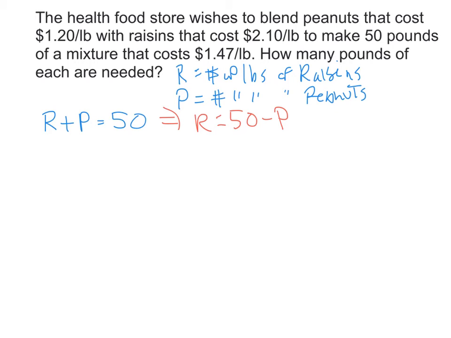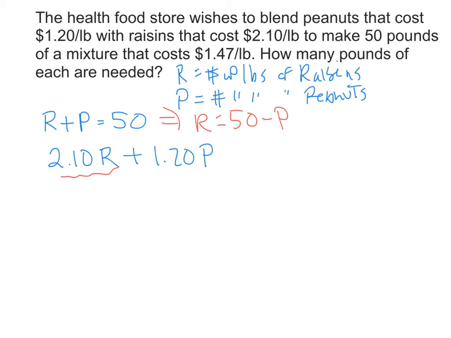So that means we're going to get 2.10R. That's the value of all the raisins in the mixture. And we're going to get $1.20, so 1.20P. That's the value of all the peanuts.